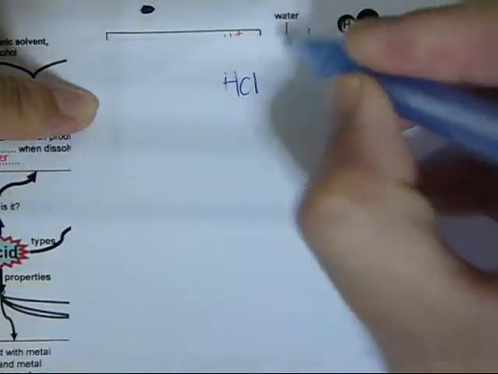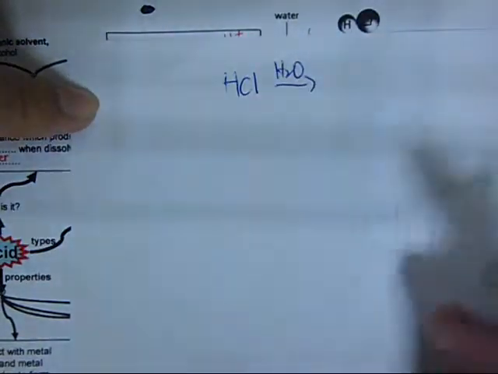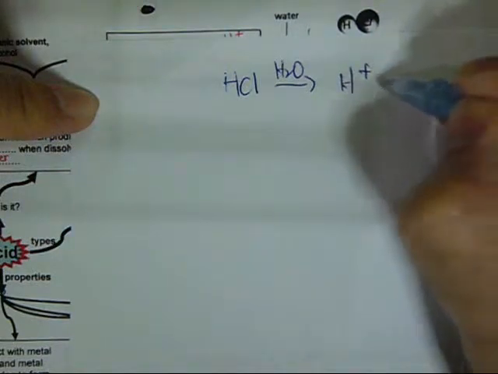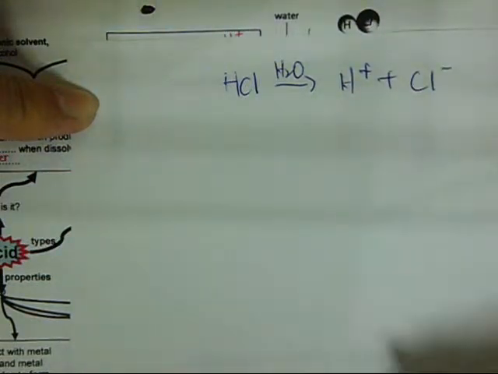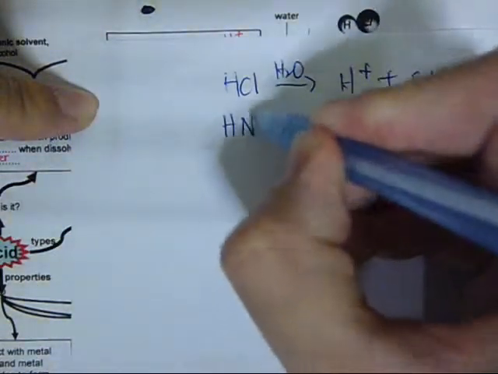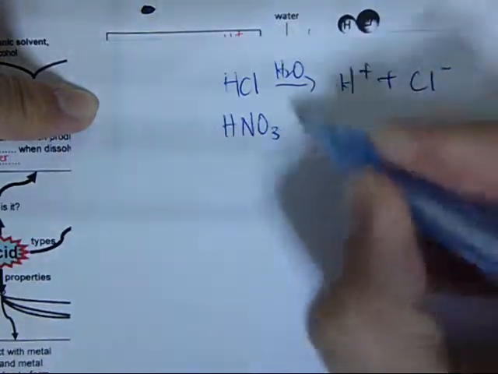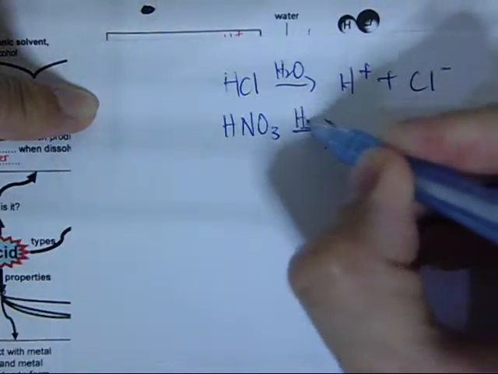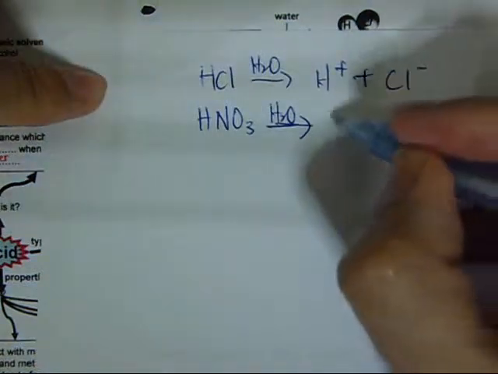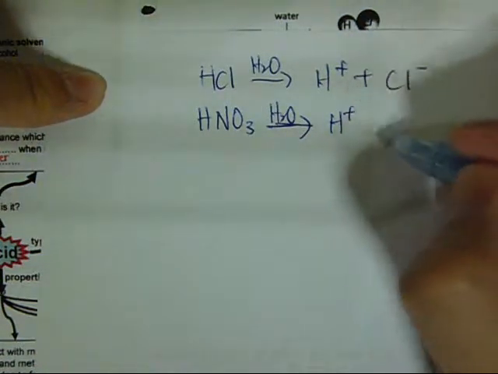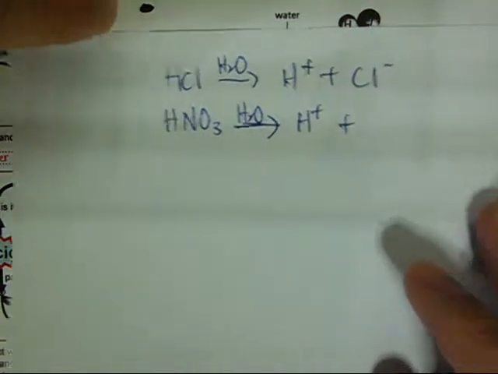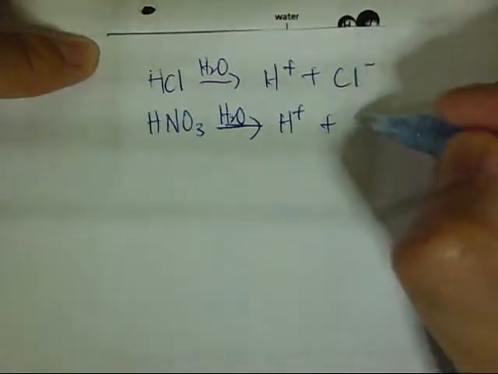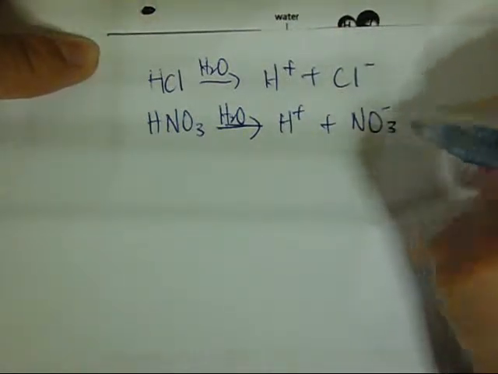So in the case of HCl, when you dissolve it in water, it will split up to H+ and Cl-. For other acids like nitric acid, same thing. When you dissolve in water, you produce hydrogen ion, and in this case it's no longer chloride ion, it would be nitrate ion.